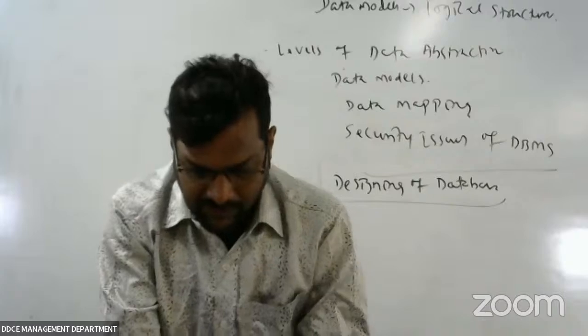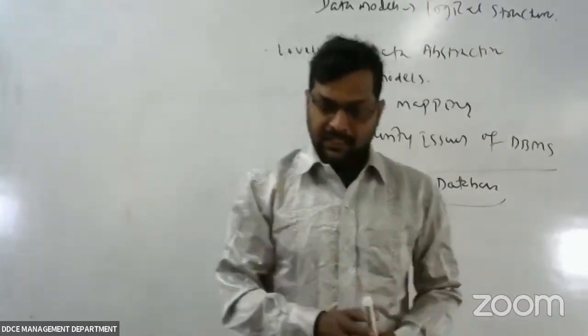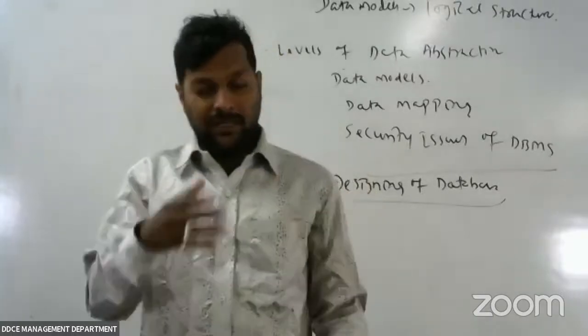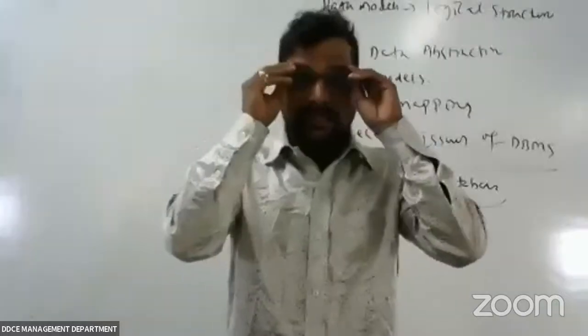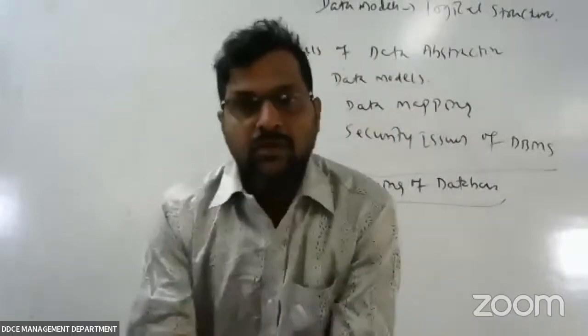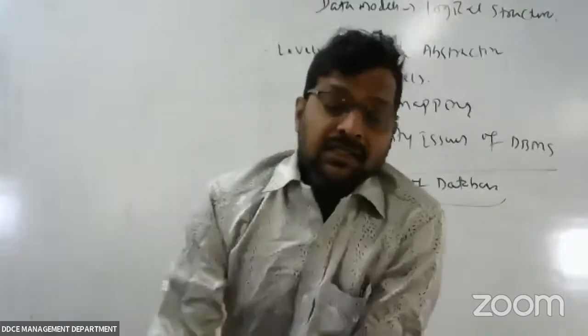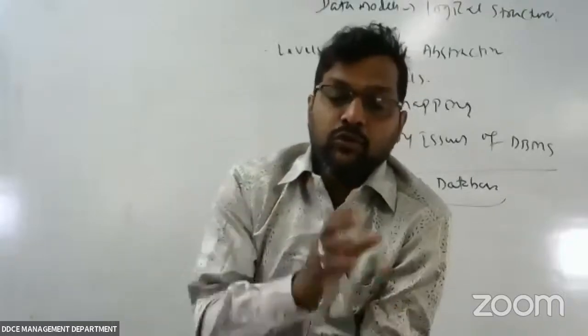It is the most important model. Data models are the fundamental entities to introduce abstraction in DBMS. Abstraction concepts are also required. Generally, these are the essential features we should know.